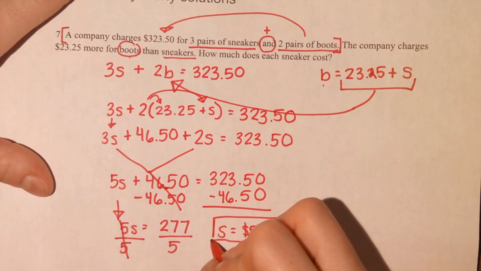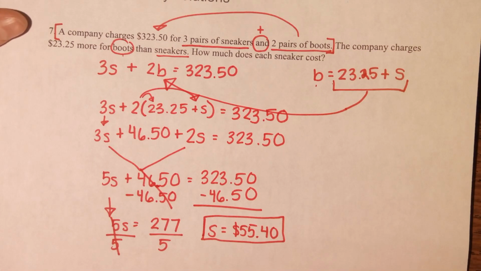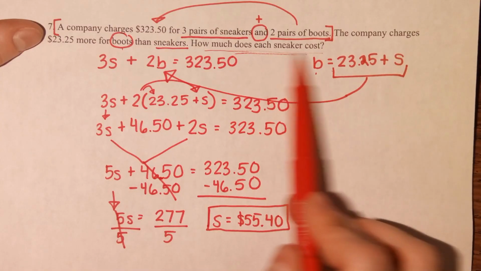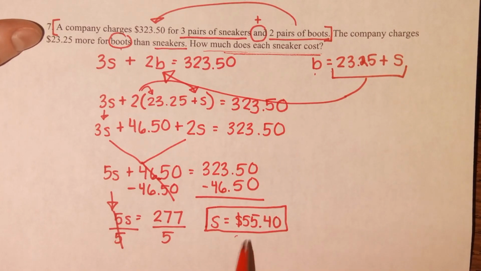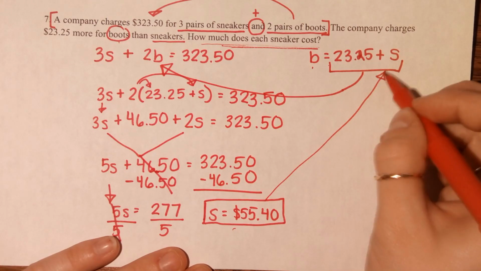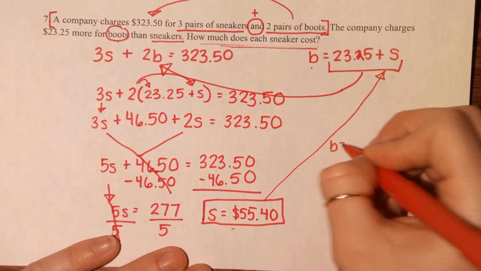If you wanted to know what boots cost, you would just add it into this equation. Boots equals 23.25 plus our S, which is 55.40. Ooh, that's an ugly 4.